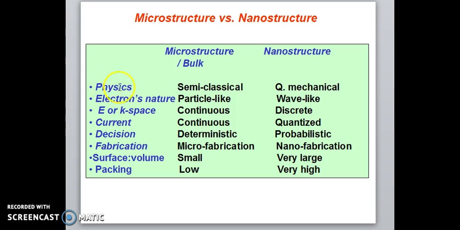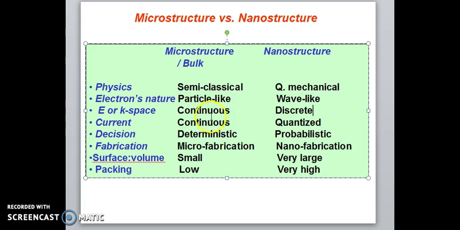The physics at different levels, the micro or the nanostructure: here the E space or K space, which is continuous, becomes discrete because of the confinement. Do you remember in the first semester in modern physics we spoke about the particle in a box, which is discrete? You also remember the band theory. Why does the band come? Because of the continuous nature of the materials.